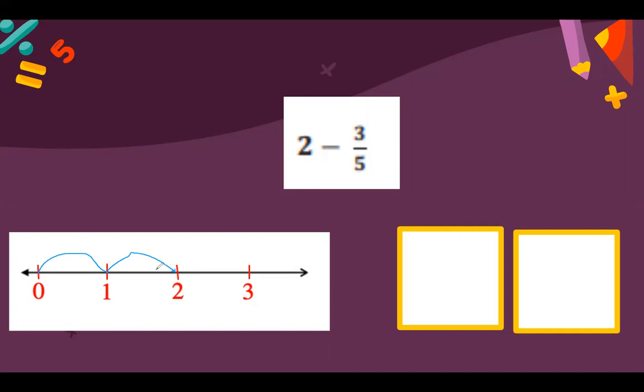Well, we have to divide this into 5 equal pieces. Focusing, if you didn't figure that out. 1, 2, 3, 4, 5. So if we went back 3/5, we go 1, 2, 3. And that would actually be 1 and 2/5.